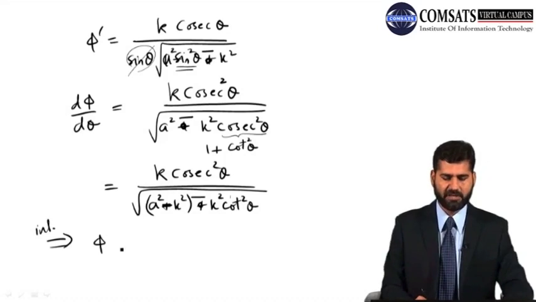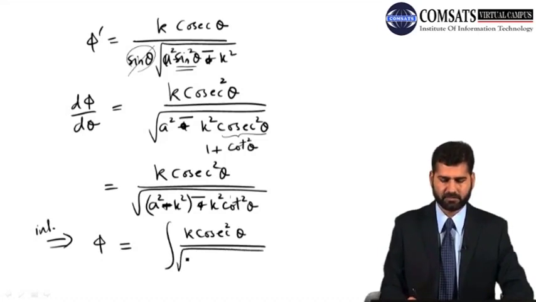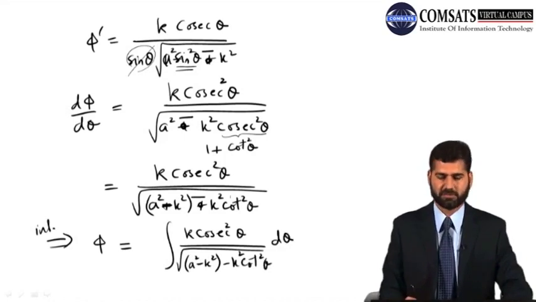Integrating, I'll get phi is equal to integral of k cosecant square theta divided by the square root of a square minus k square cotangent square theta d theta. This is what you get.